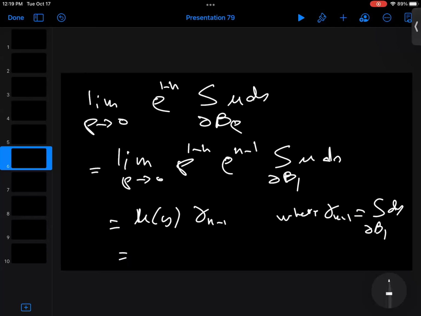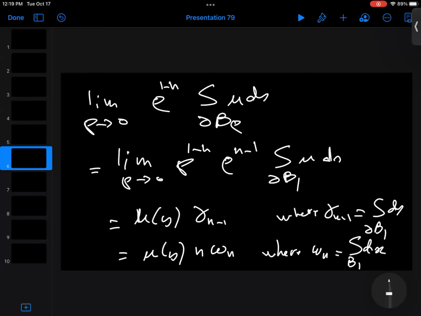But it is known that this is n, and I call it omega n, where omega n equals not the integral over the sphere, but over the ball. And so I have this formula.